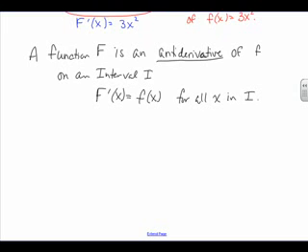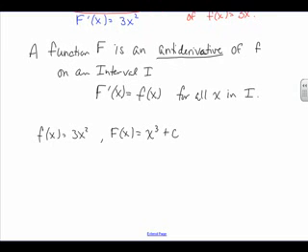We can handle all the possibilities by doing this. Let's say lowercase f of x is 3x squared. The antiderivative of that function could be written as x cubed plus c. So we're showing that any constant c could be added to x cubed, and we still have a function whose derivative is going to be 3x squared.